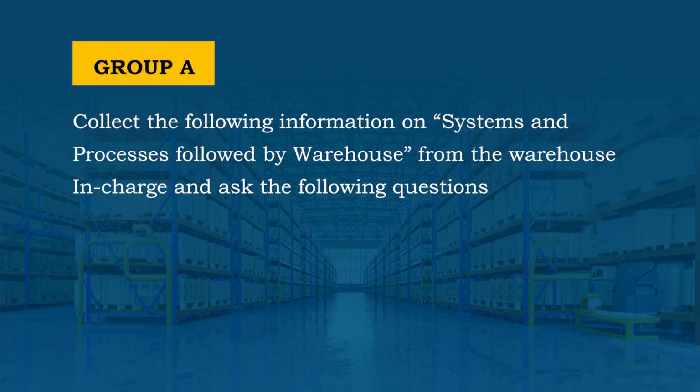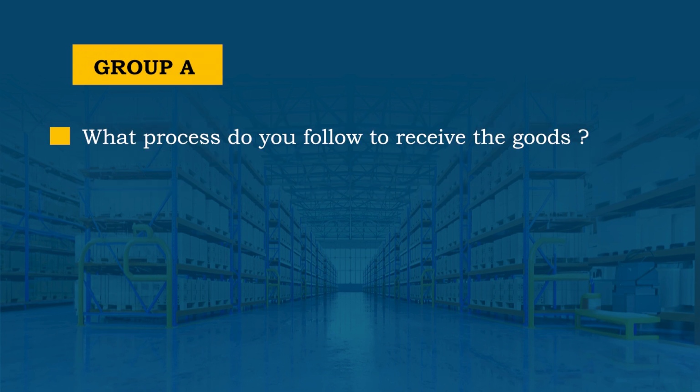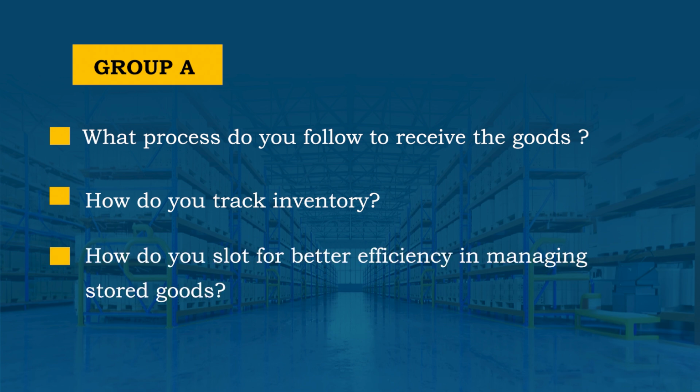Now, the questions to be asked from Group A. Collect the following information on systems and processes followed by the warehouse from the warehouse in charge and ask the following questions. First, what process do you follow to receive the goods? Second, how do you track inventory? Third, how do you slot for better efficiency in managing stored goods?